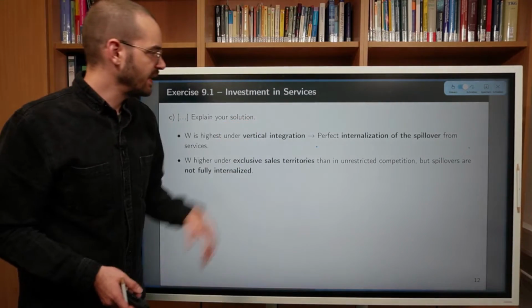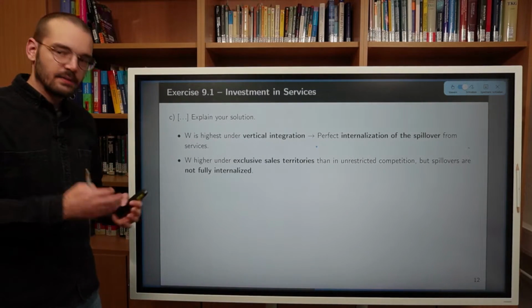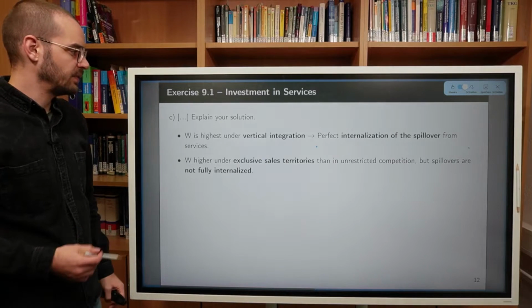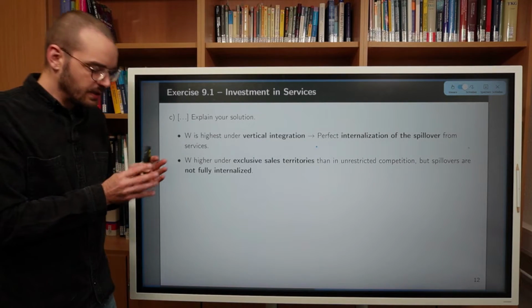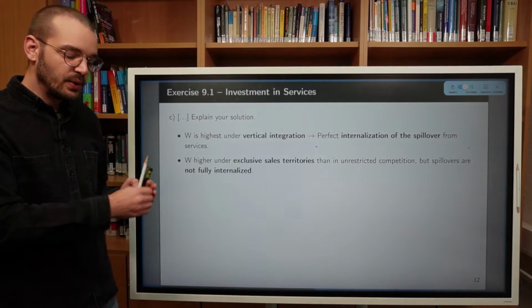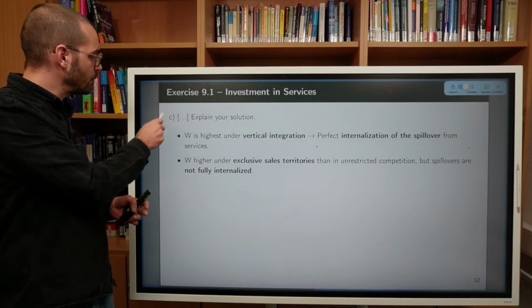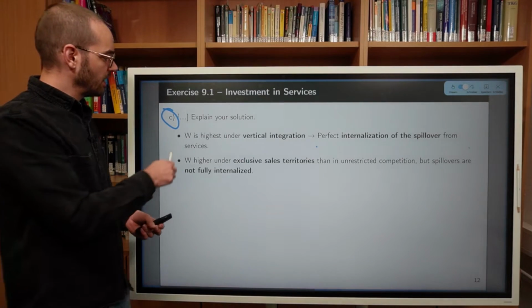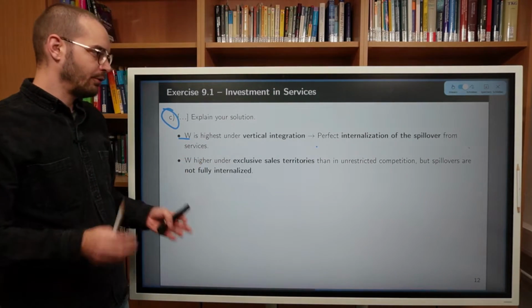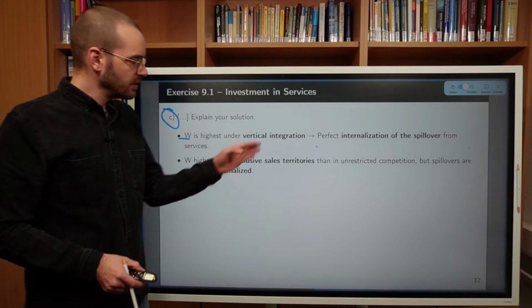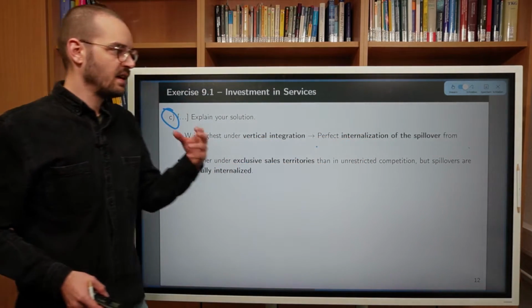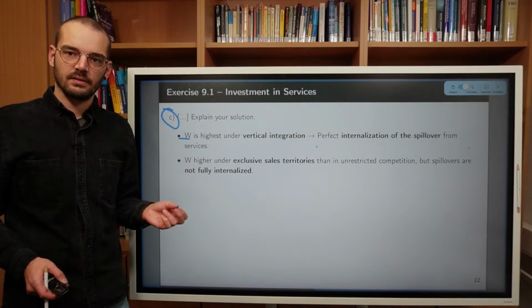Now, in order to explain the solutions, we made it on our way, I would argue, but just to summarize the explanation, the differences we are observing between all 3 versions of this model so far is, well, we saw welfare is the highest under vertical integration, which came from the result that we perfectly internalized the spillover from services, right?